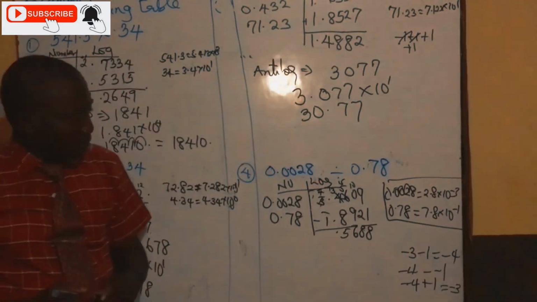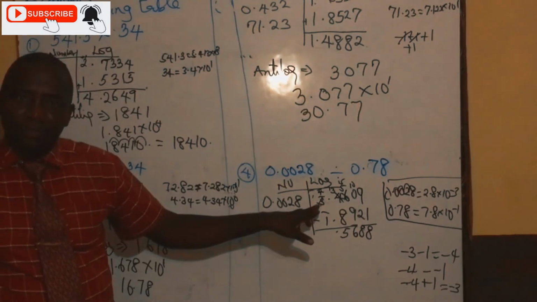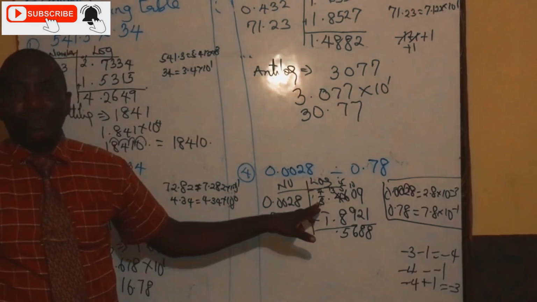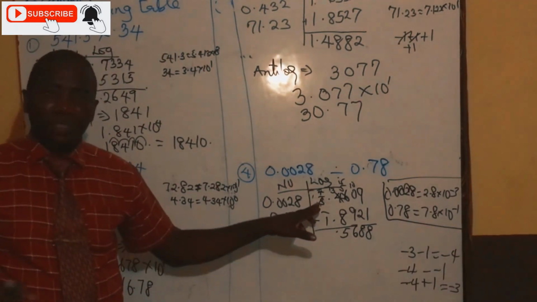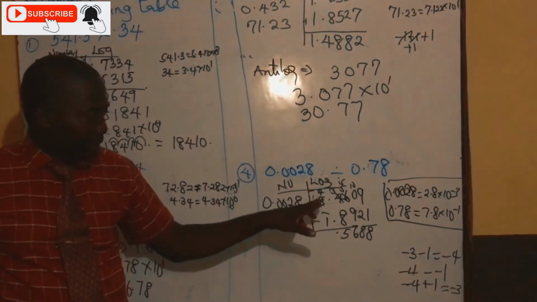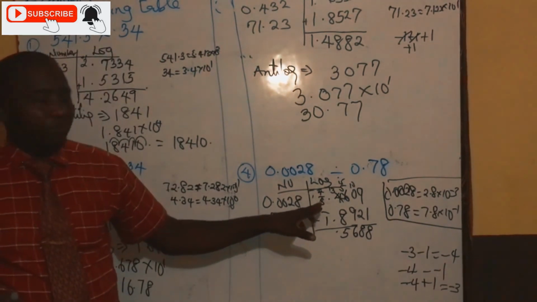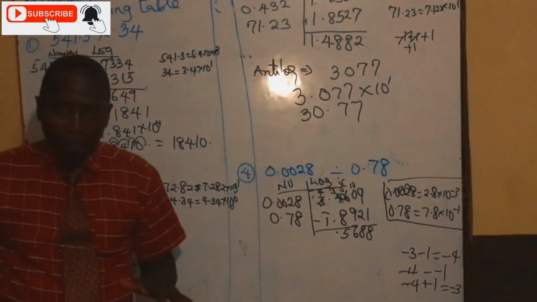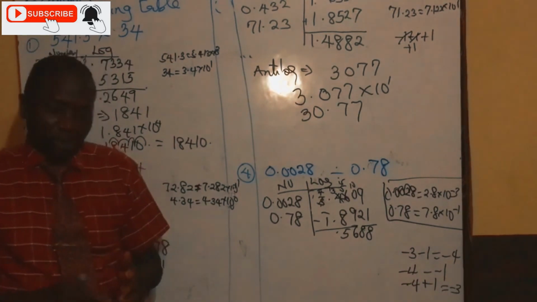Look at the work here. This one, we borrow 1 from minus 3. It turns to minus 4. If 0 is here, it returns to minus 1. If minus 1 is there and you borrow 1, it turns to minus 2. If minus 2 is there and you borrow 1, it turns to minus 3. Now that we have minus 3 there, you borrow 1 from minus 3, it turns to minus 4. It is possible to borrow from any number, either positive or negative. When you borrow, you shift backward.